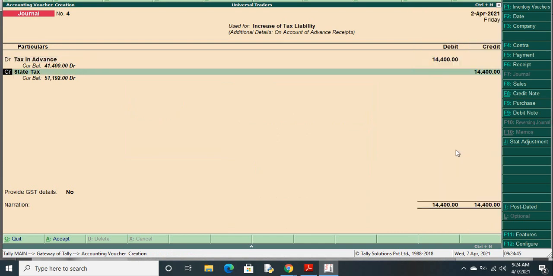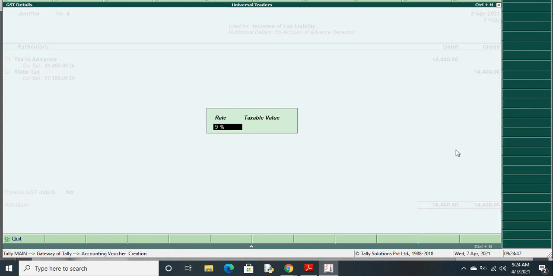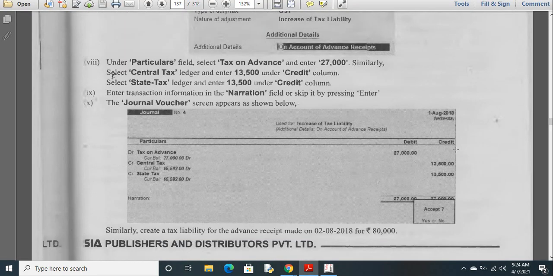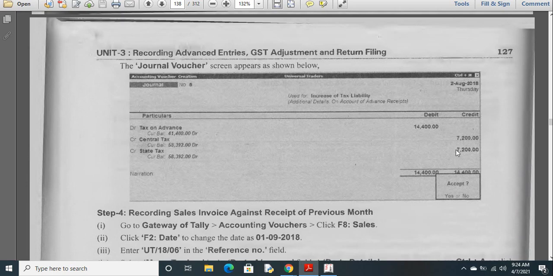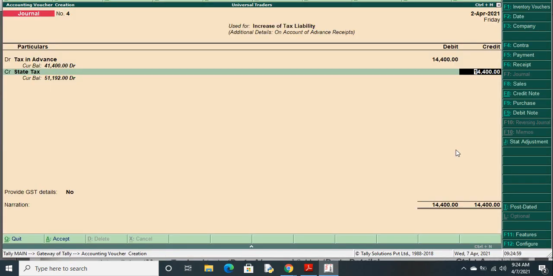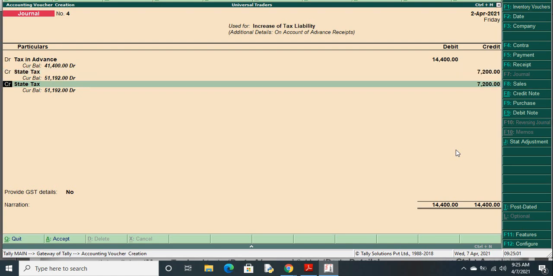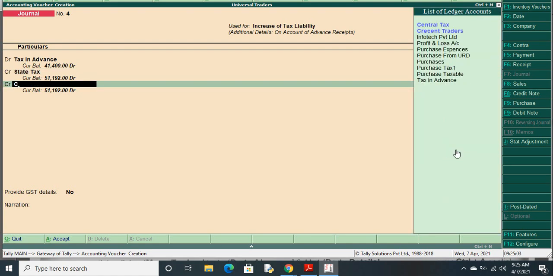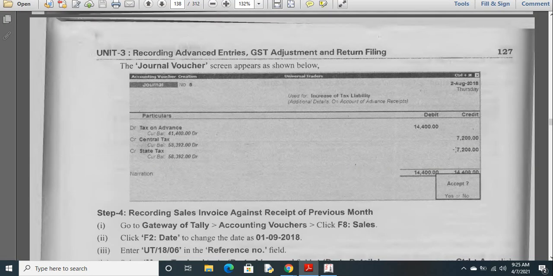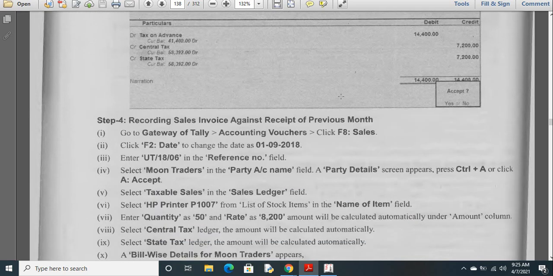So 14,400. In this state tax, what is the state tax amount? 7,200. Next, central tax 7,200. So adjustment is done.